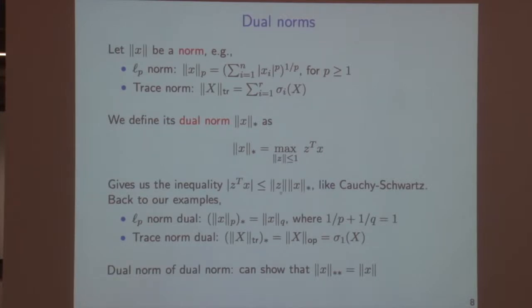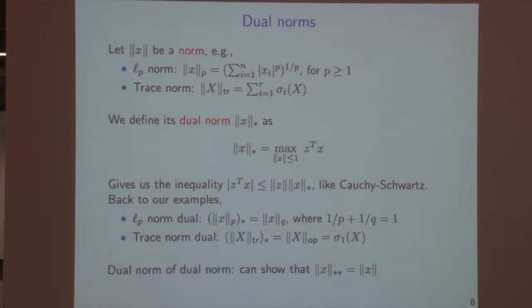Why is that true here? Can anybody see why that's true from this definition? Let's just start off with z transpose x. How can I bound this?